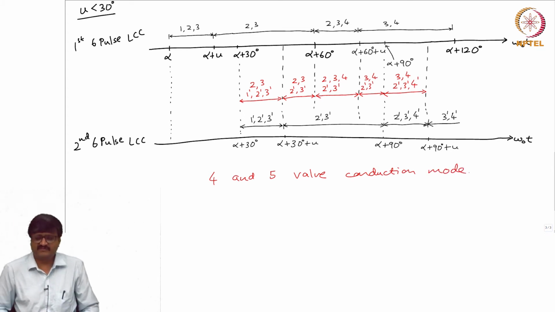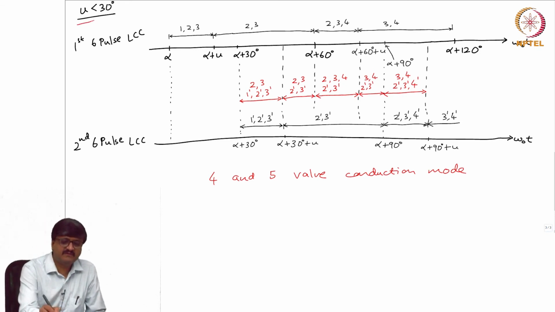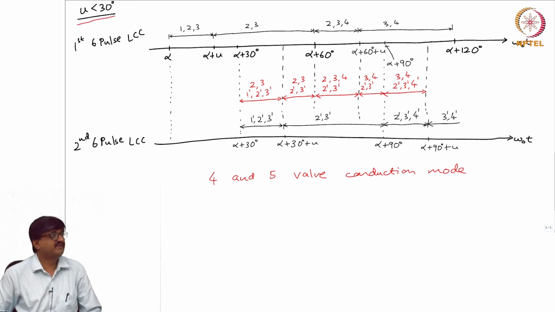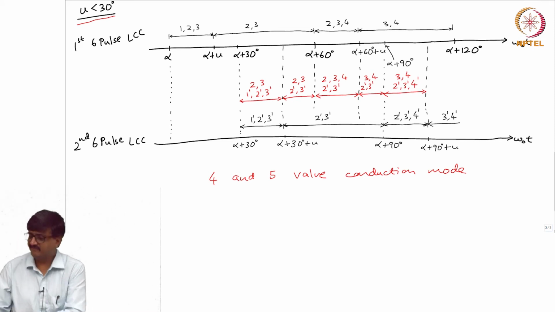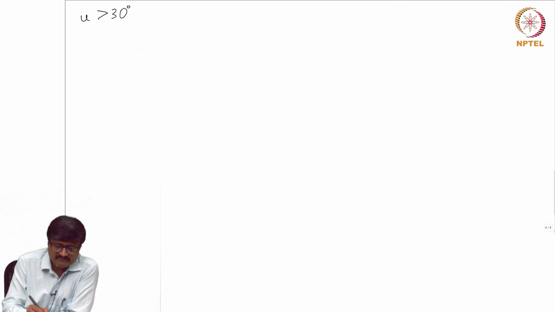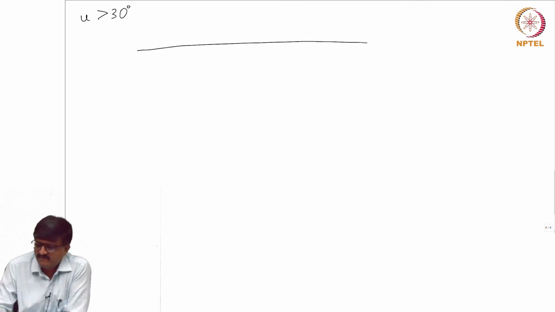Now, this corresponds to u less than 30 degrees. Even for normal operation of the 6 pulse LCC, I can have another possibility, u greater than 30 degrees. So, what happens if u is greater than 30 degrees? Let us quickly go through that also. Let me again draw a similar diagram.